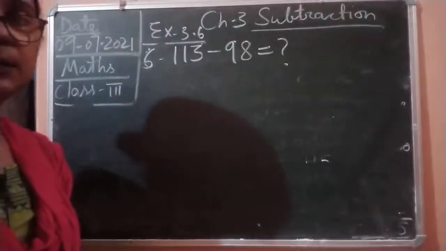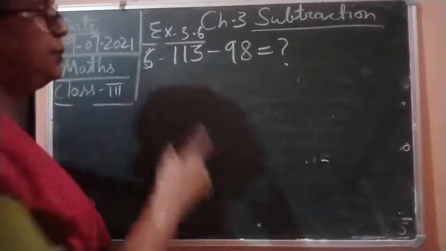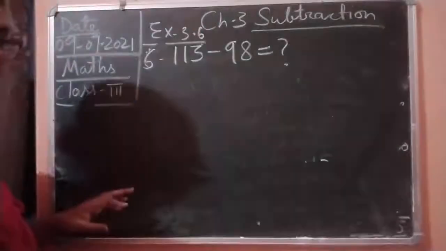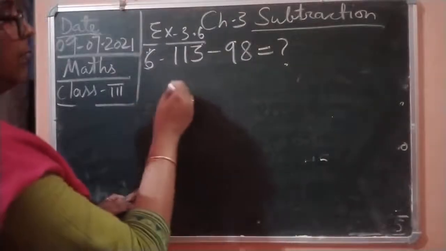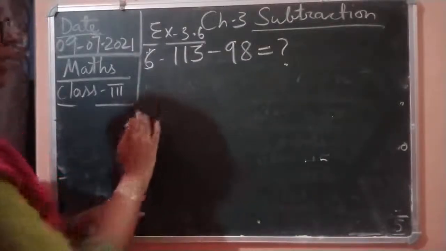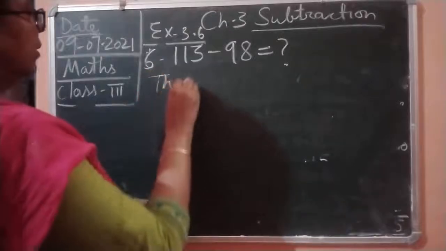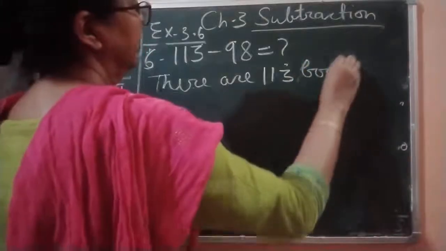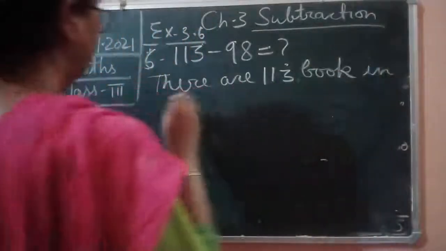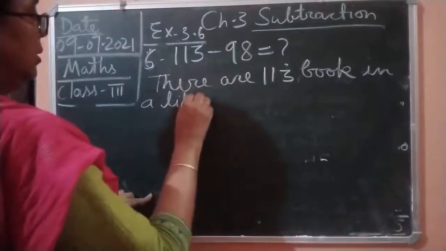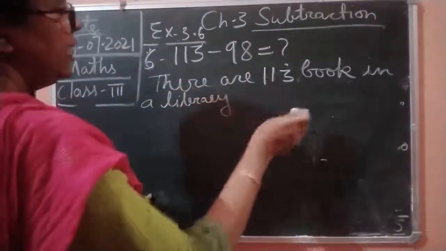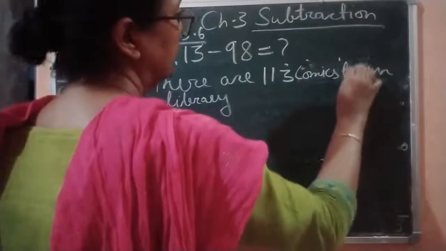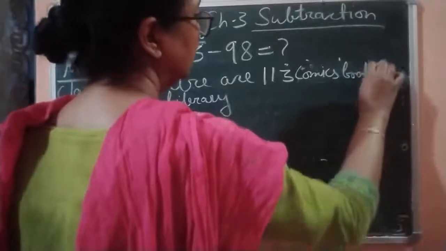So children, let's start making. Because this is a big amount, so we will take any object like books. So we are going to write: there are 113 books in a library, or you can write 113 comics books. Okay, comics books, क्योंकि लाइब्रेरी में तो बहुत सारी तरीके की बुक्स होती हैं.